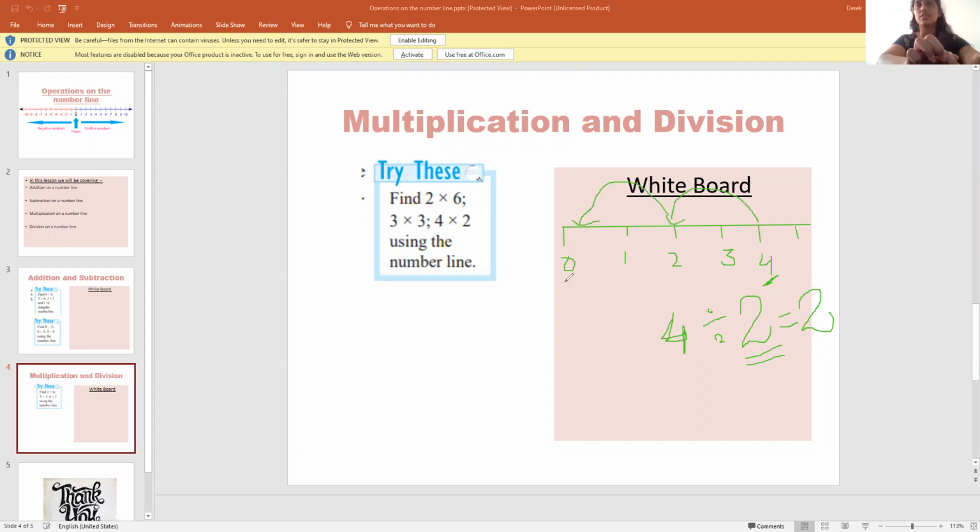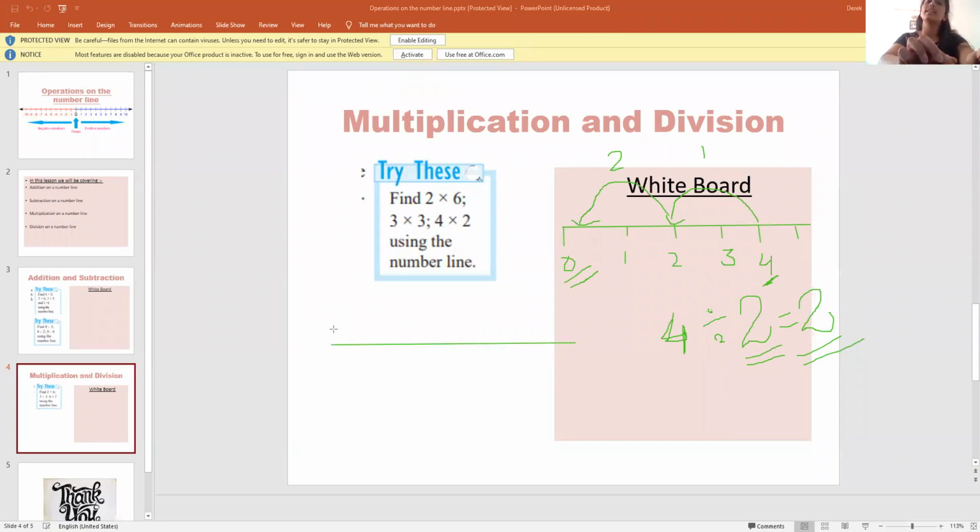So we reach the final point, 0. There's nothing on the left hand side. So here, if you count the number of jumps, you have 1 and you have 2. So is 4 divided by 2 2? Yes.